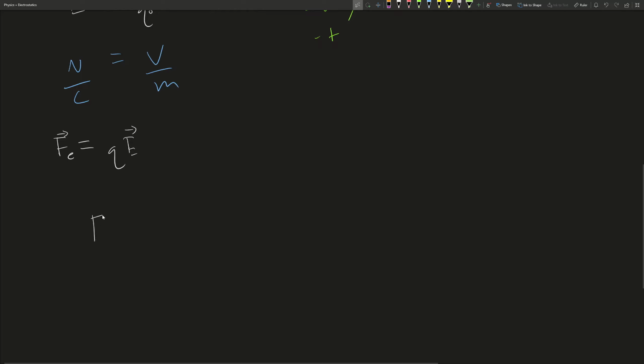So if we look at the magnitude of the electric field, we don't have to worry about the vector then. We find that it is just electric force divided by charge.